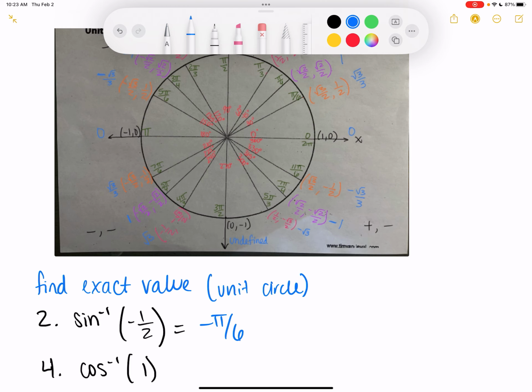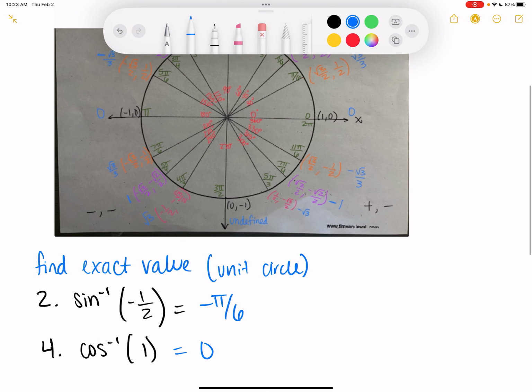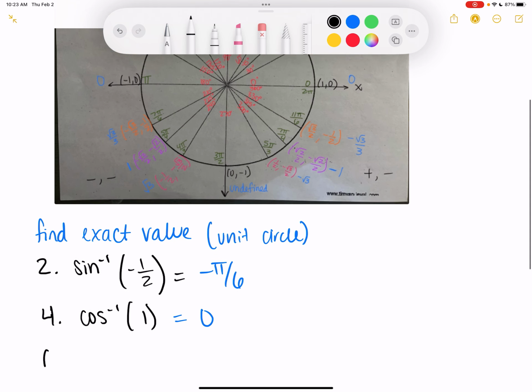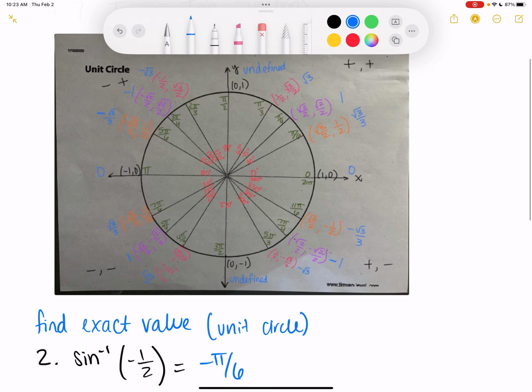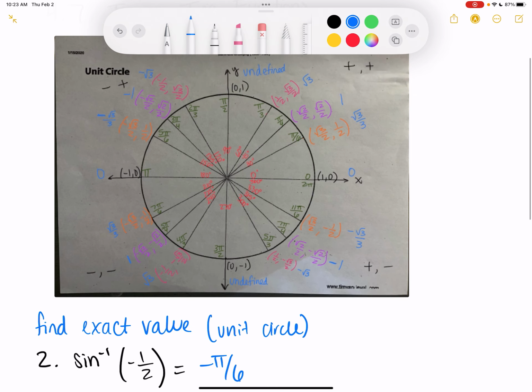At 0. Number 6, arctangent of 1. So where's tangent equal to 1? Pi over 4. Pi over 4.